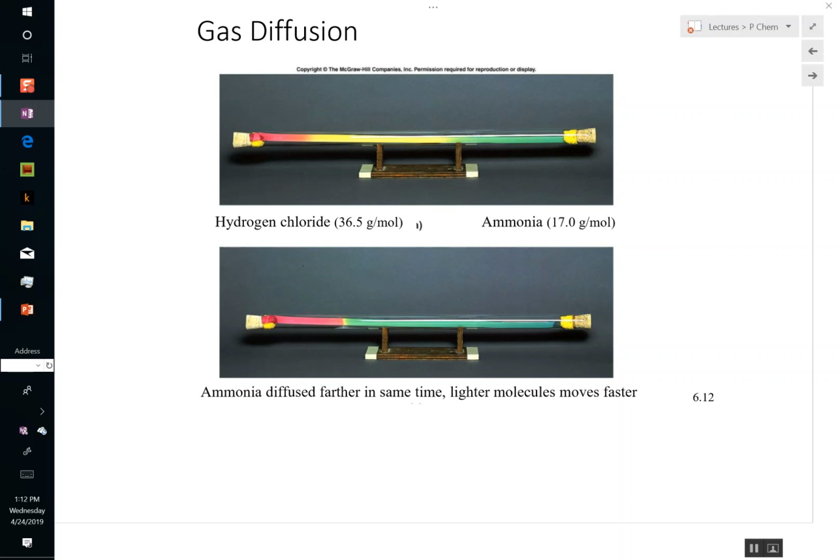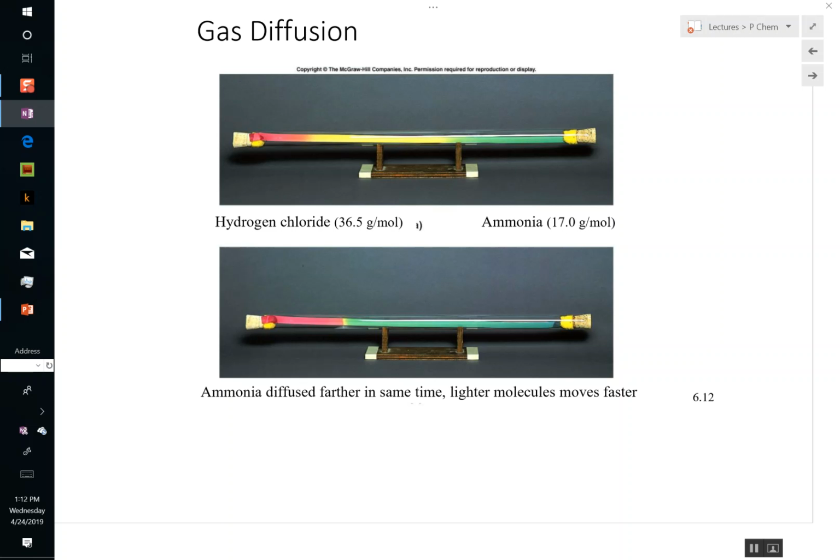Here's a neat little visual experiment. You have a long tube filled with air with a piece of yellow pH paper in it, maybe pH hydrant type paper. You're injecting hydrogen chloride in this end and ammonia gas in this end at the same time. So it's two syringes, bam, inject them into the tube.